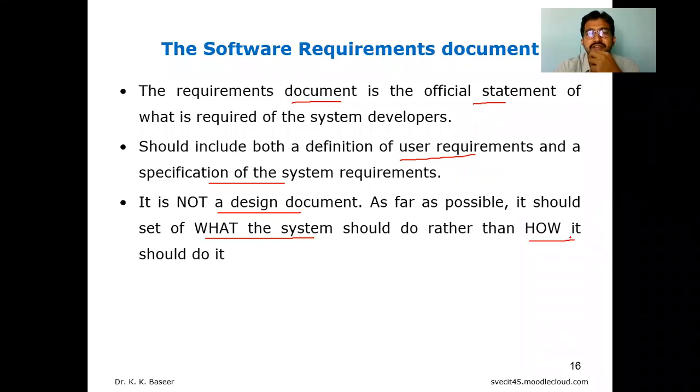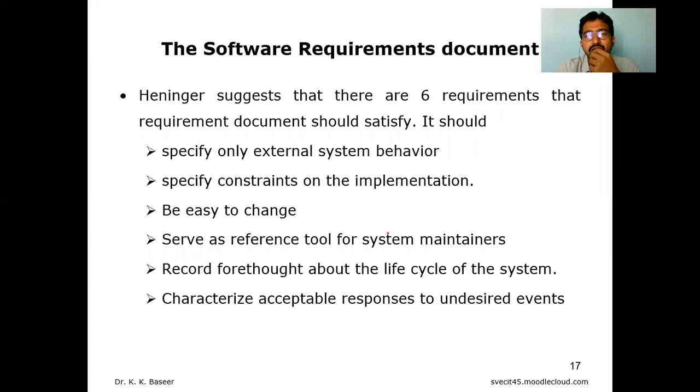So what is the definition or purpose of the software requirement document in a simple line? What the system needs to do and how it should be done. That is the simple theme of SRS or SRD. Now there are 6 requirements that a requirement document should satisfy.